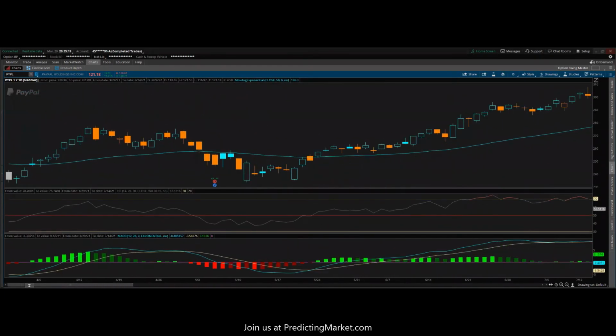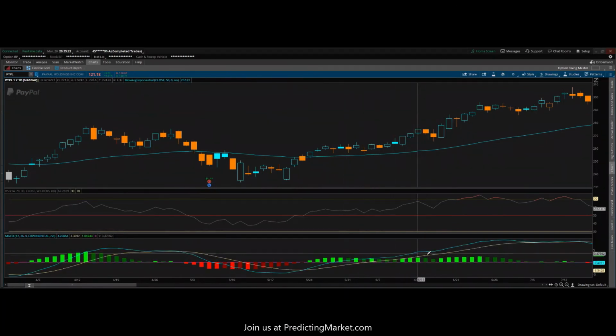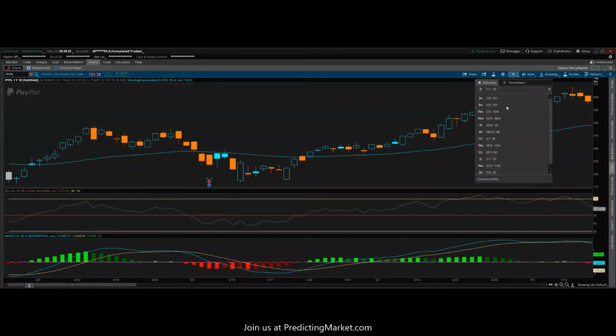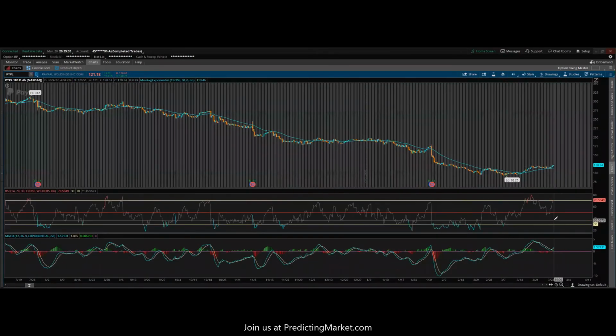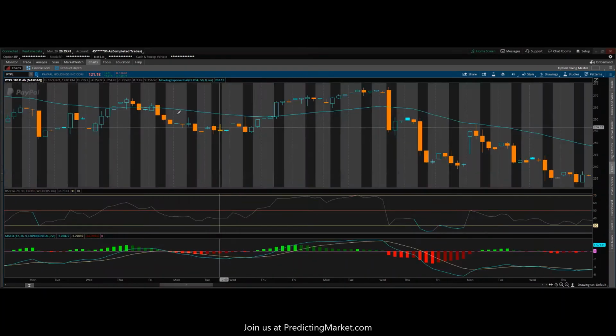And if you see, MACD did not diverge anywhere and was always above the signal line, so the stock always moved up. To take the confirmation, you can always go to a 4-hour chart or a lower chart. For example, let's look at this move here, right?